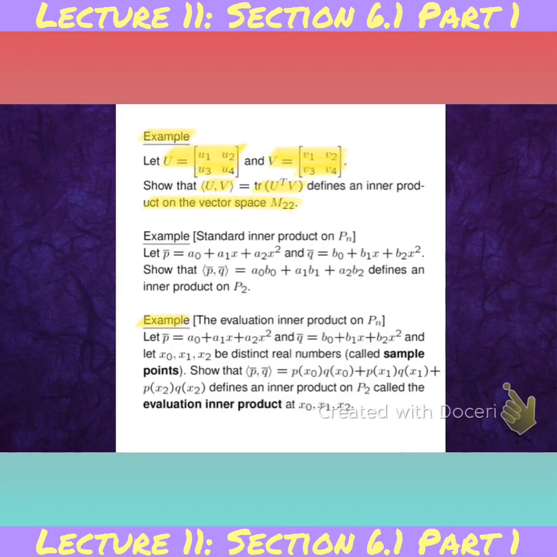So how's this operation defined? It's pretty much you take the transpose of U, you multiply it with V, and the resulting matrix, you calculate the trace of that matrix. And we just want to briefly show that defines an inner product. So we just need to quickly show that the axioms are satisfied.